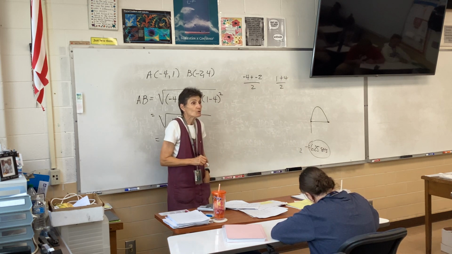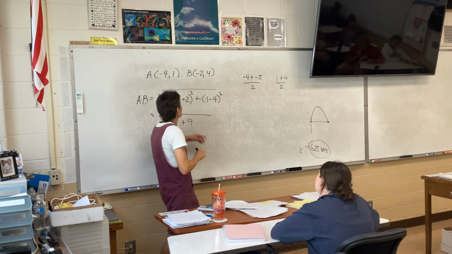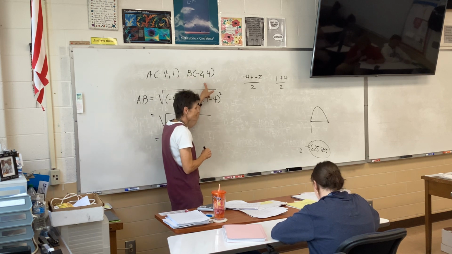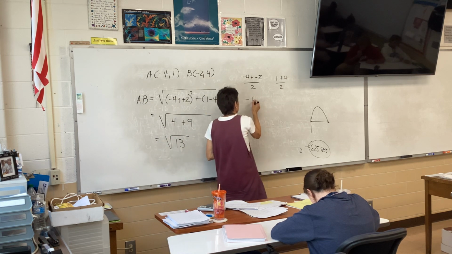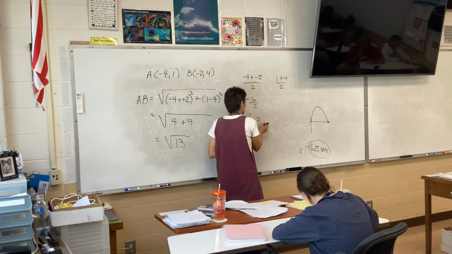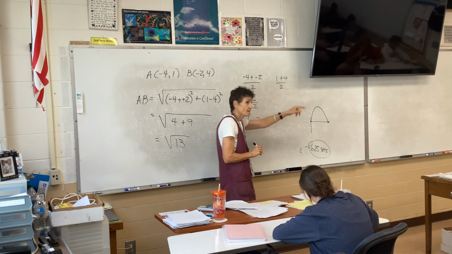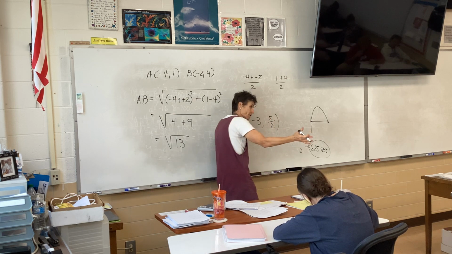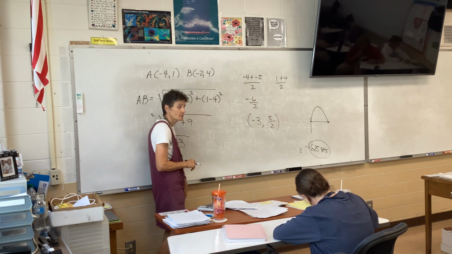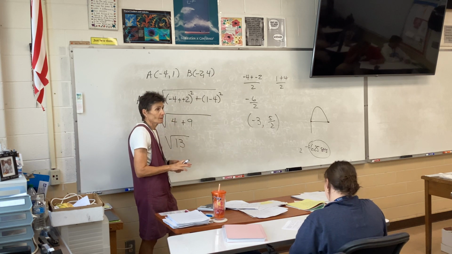Think about how you average. You add and divide by 2. So negative 4 plus negative 2 is negative 6 divided by 2 is negative 3. 1 plus 4 is 5 divided by 2 is 2.5 or 5 halves, 2 1/2. Done.